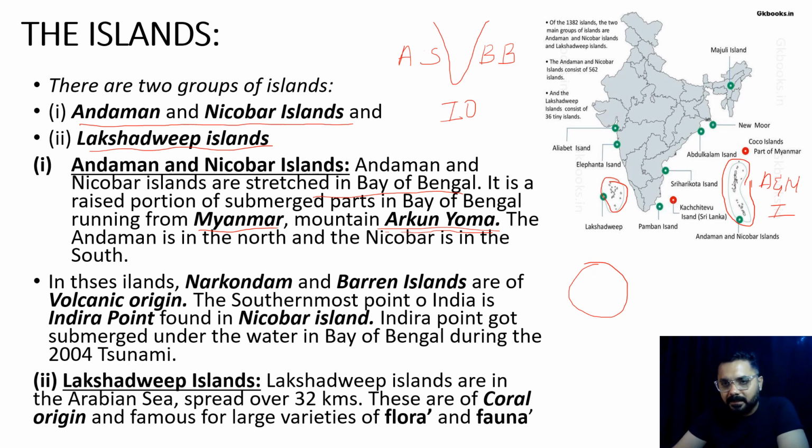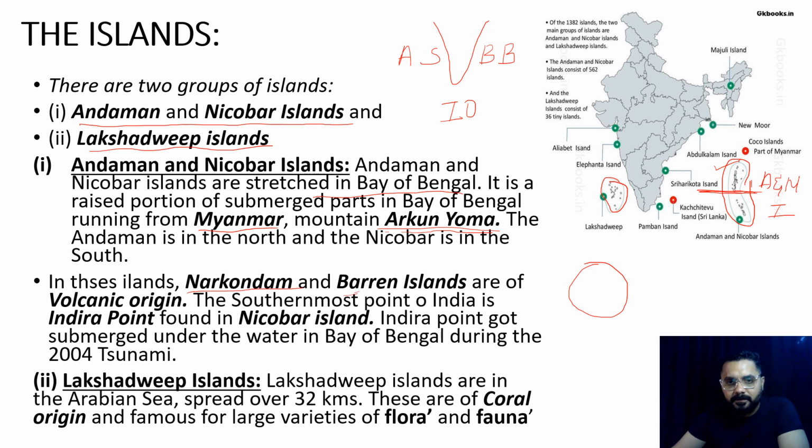If you look at the Andaman and Nicobar Islands, children, they are grouped into two again. As you can see, the upper portion lies in the northern part, and the bottom part lies in the southern side. In this Andaman and Nicobar Islands, we have to talk about two important islands, that is Narcondam Island and Barren Island.